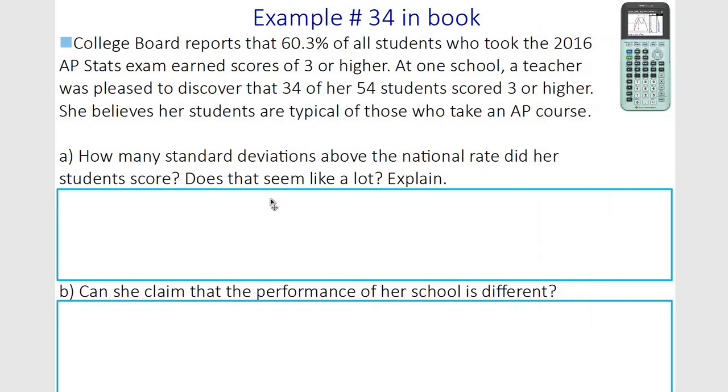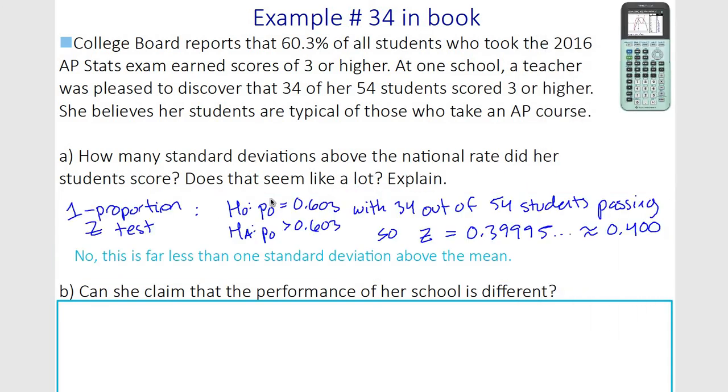The z-score tells us it is far less than one standard deviation above the mean, because it's 0.4. I'm trying to round up like a percentage. So it's very close to the mean.